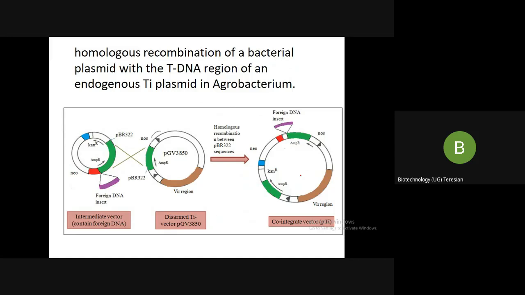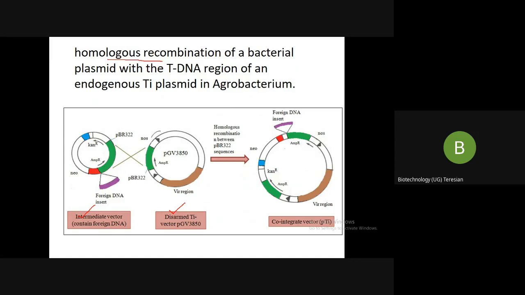Co-integrative vectors means there is a homologous recombination of the bacterial plasmid with the T-DNA region of an endogenous Ti plasmid in the Agrobacterium. What we mean to tell is there should be a homologous recombination between your intermediate vector and your disarmed vector.